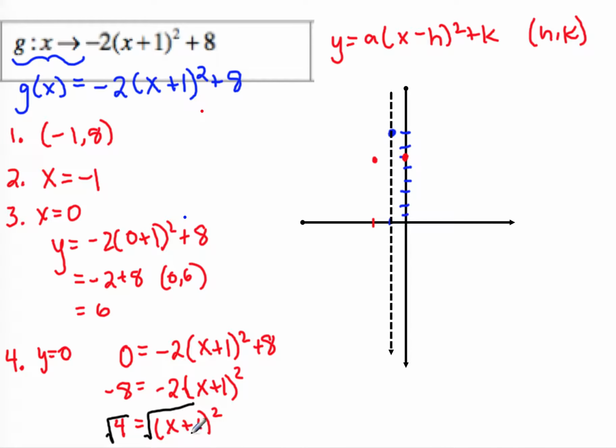So I could have 2 equals x plus 1, or I could have negative 2 equals x plus 1. So then minus 1 from both sides, 1 equals x. There's one x-intercept, and the other one, minus 1 from both sides, negative 3. So that gives me the points 1, 0 and negative 3, 0. So here is 1, 0, 2 units away, 2 units away, and that is the sketch.